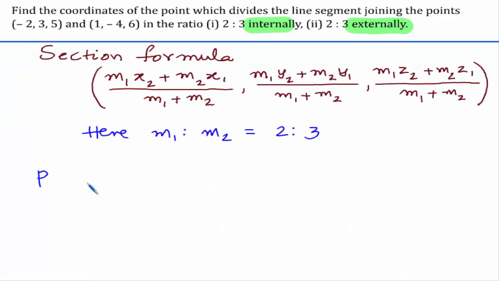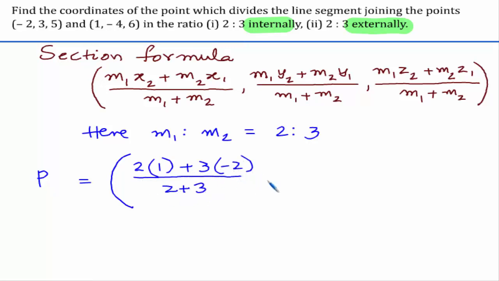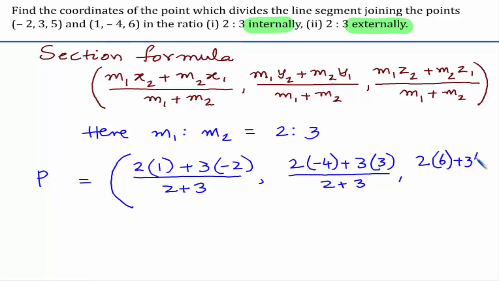Now let us write the point P is equal to m1 into x2, that is 2 into 1 plus 3 into -2 by 2 plus 3, and now m1 into y2, that is 2 into -4 plus 3 into 3 by 2 plus 3, and 2 into 6 plus 3 into 5 by 2 plus 3.